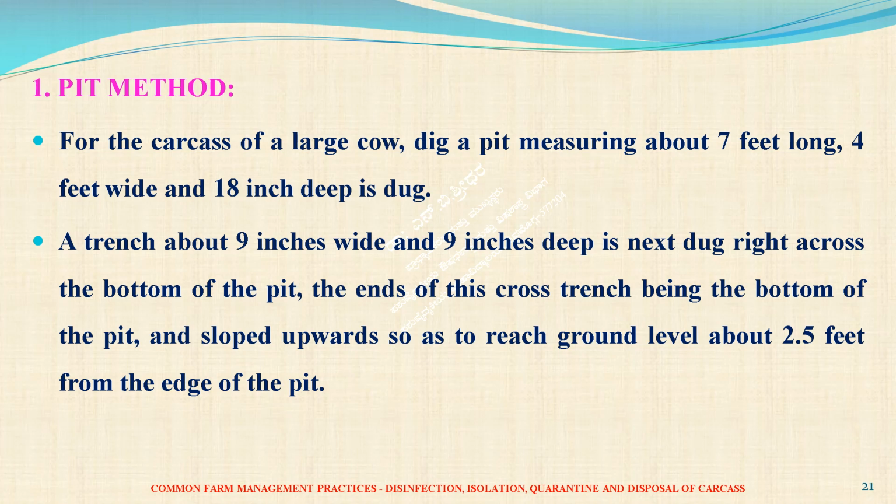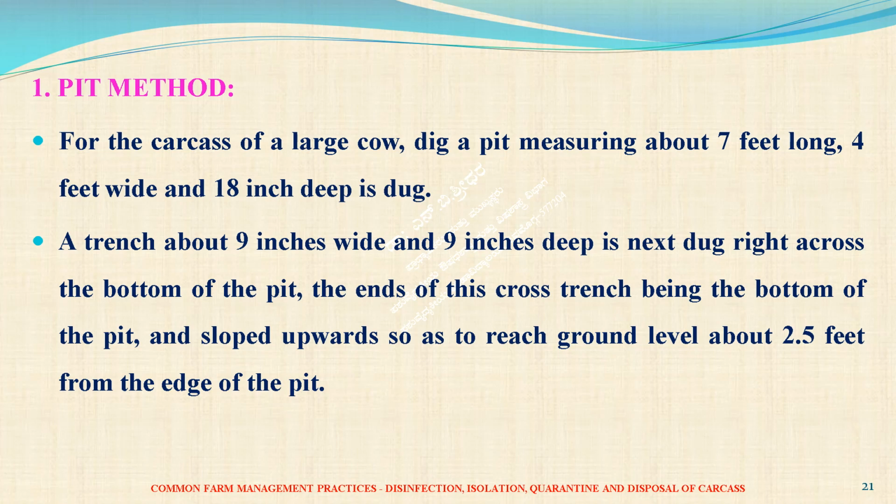For this, a trench about 9 inches wide and 9 inches deep is next dug right across the bottom of the pit, and the ends of this trench are sloped upward so as to reach ground level at about 2.5 feet from the edge of the pit.